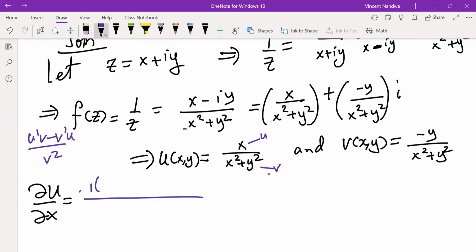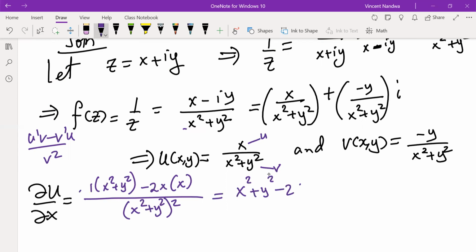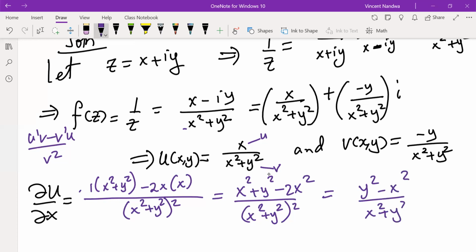So we'll have 1 times x squared plus y squared minus v prime, which is 2x, times x, and then x squared plus y squared squared, which will be x squared plus y squared minus 2x squared over x squared plus y squared, squared. Now this will give us y squared minus x squared over x squared plus y squared, squared.